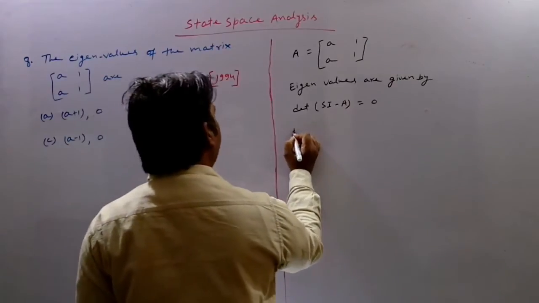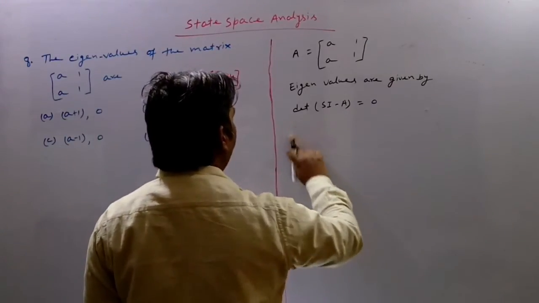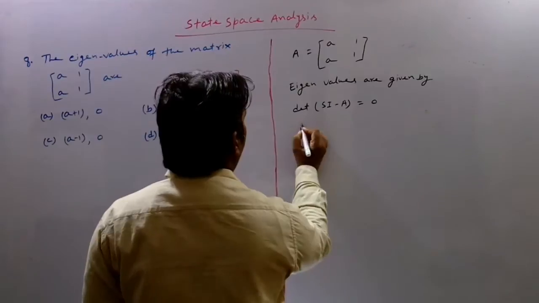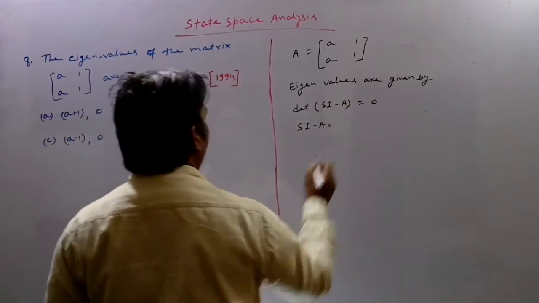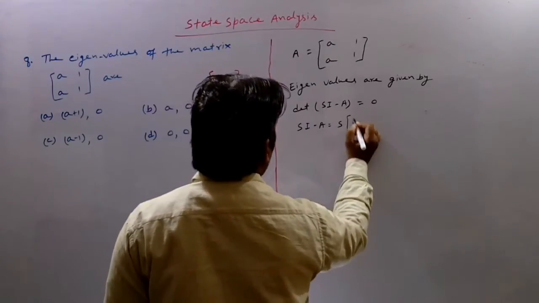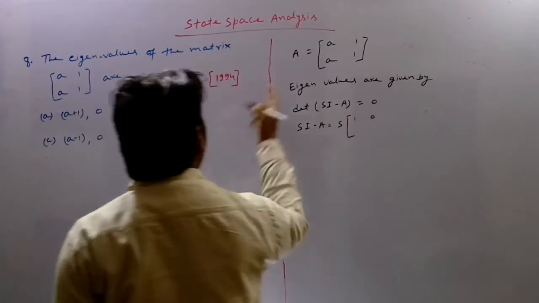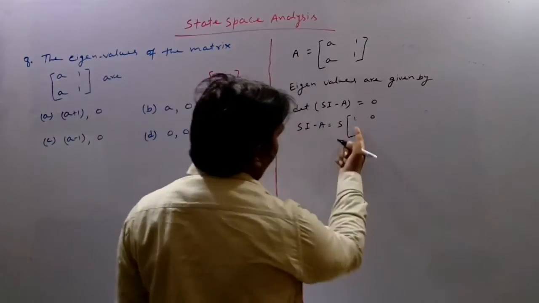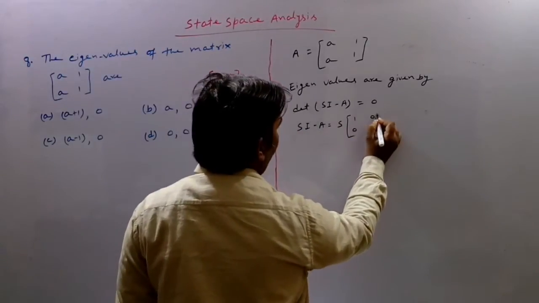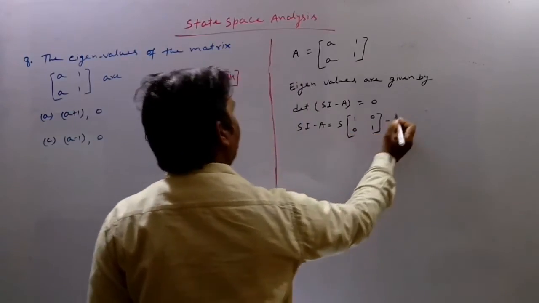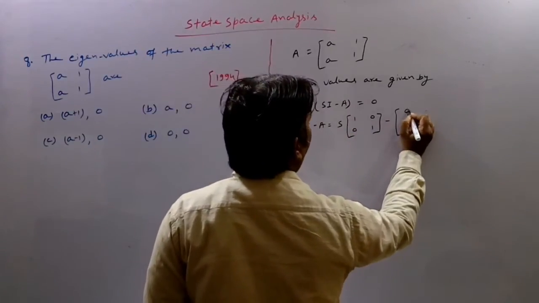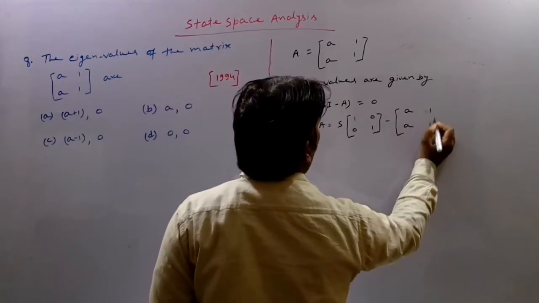So what is sI minus A? sI minus A will be equal to s multiplied by I. Here, since A is a 2 cross 2 matrix, I will be a second order identity matrix. So sI minus A is nothing but sI minus [A 1; A 1].